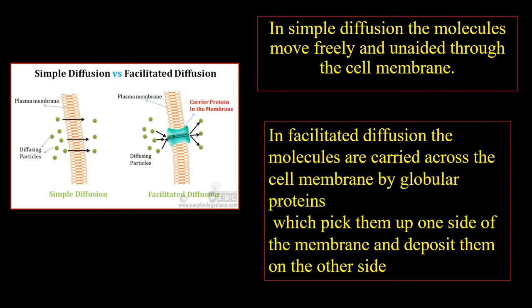In simple diffusion, the molecules move freely and unaided through the cell membranes. In facilitated diffusion, the molecules are carried across the cell membrane by globular proteins, which pick them up on one side of the membrane and deposit them on the other side.